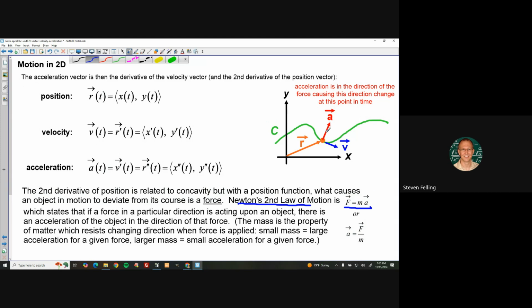So if there's a force acting on the object this way causing the acceleration, that's going to cause this velocity to bend around here, which is why it's also kind of related to concavity, because it's curving the path, right? But it's in the direction around which the path is curving because the force is pulling the object in that direction, right? Kind of an interesting thing.